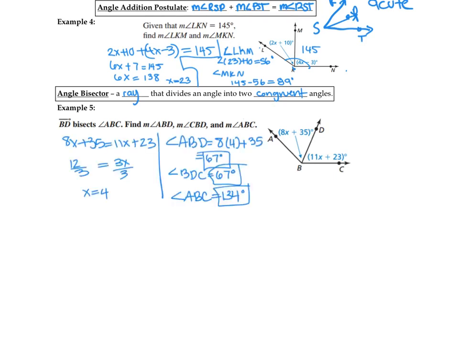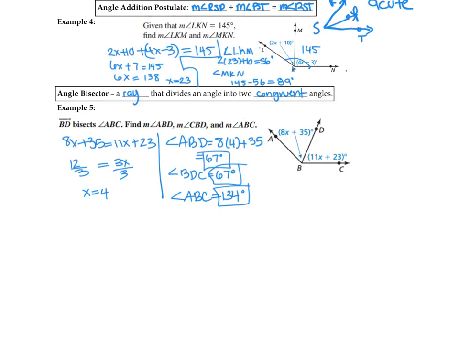All right, you guys should have already tried this. First off, we know that ray BD bisects angle ABC, which means that angle ABD and angle DBC are going to be congruent, which means that their measurements are going to be the same. So I'm going to set them equal to each other, which is what I did here, and I solved for x. I got x equals 4. Then I took 4 and plugged it into each of these. I actually started by plugging it into ABD, which is 8x plus 35.